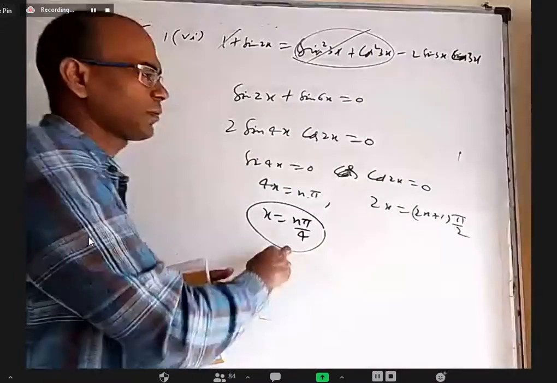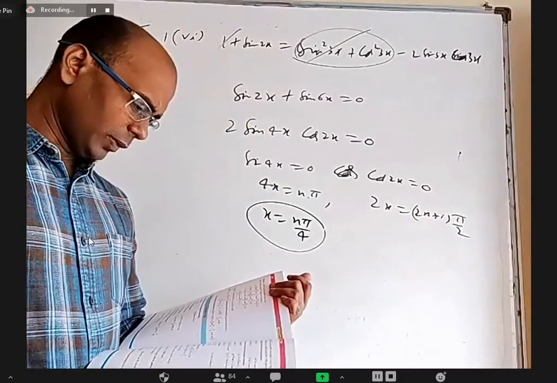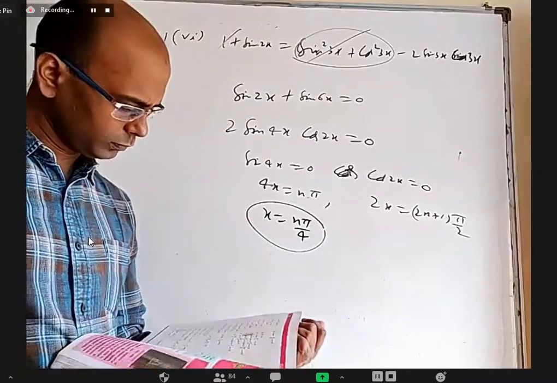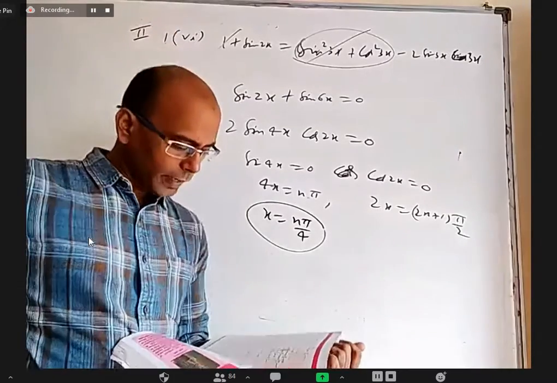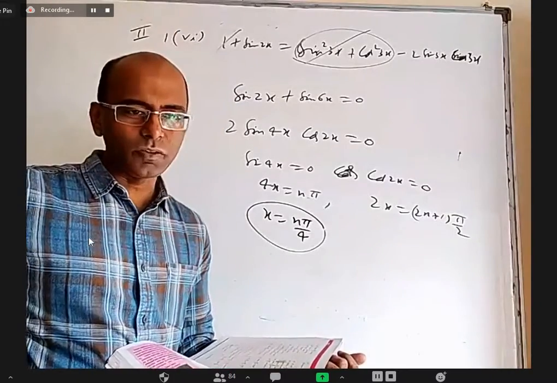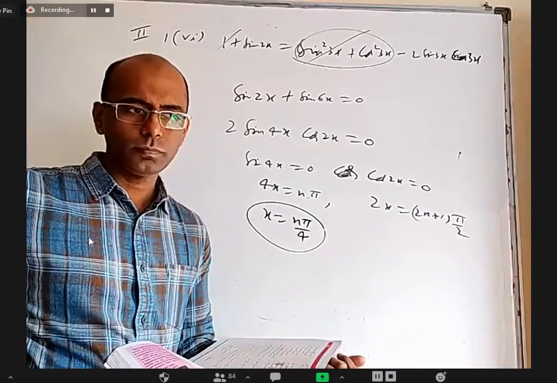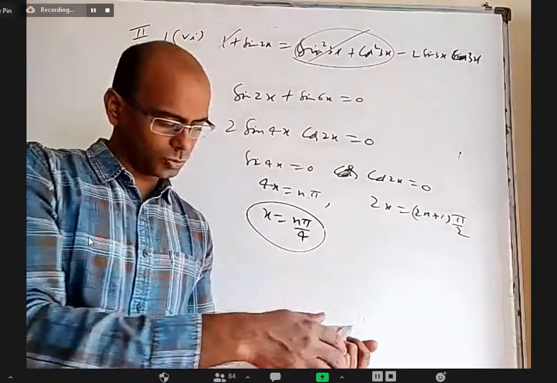These are all multiples of pi by 4 and that is the odd multiples of pi by 4. I'm sure they might have given only n pi by 4 maybe. Okay, they gave both, but actually if you think carefully, n pi by 4 is sufficient, right? Yes, sir. This includes this also.